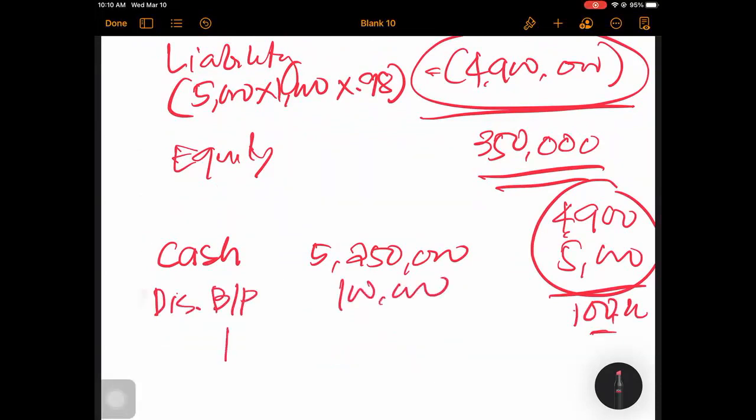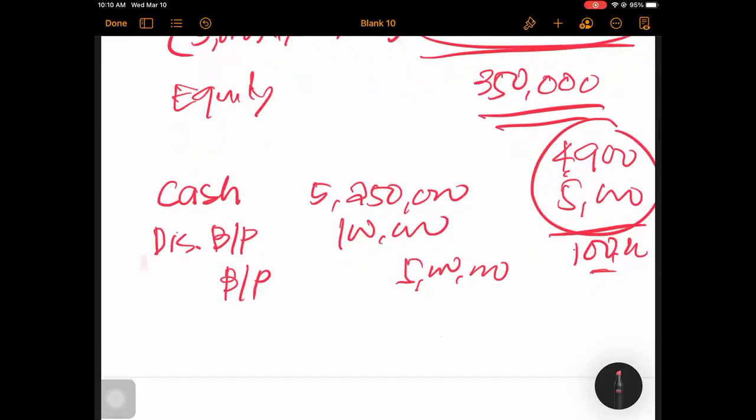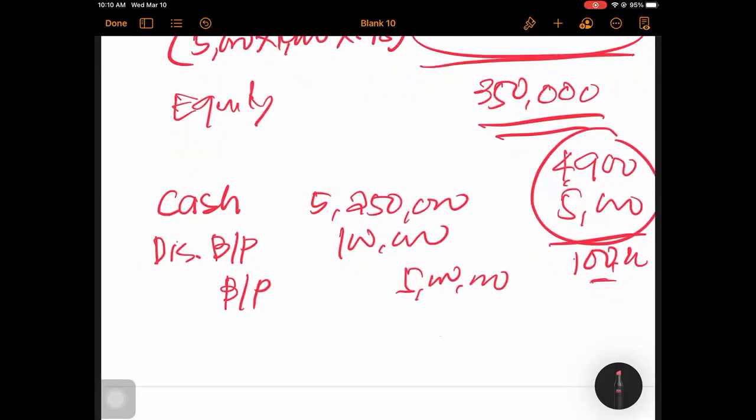Then we credit bonds payable at face amount, 5 million. Then the residual balance is the equity component, so you have share warrants outstanding, 350,000. Okay, that is the entry.